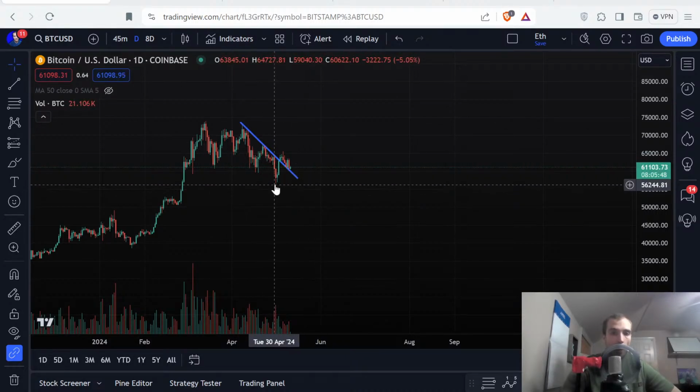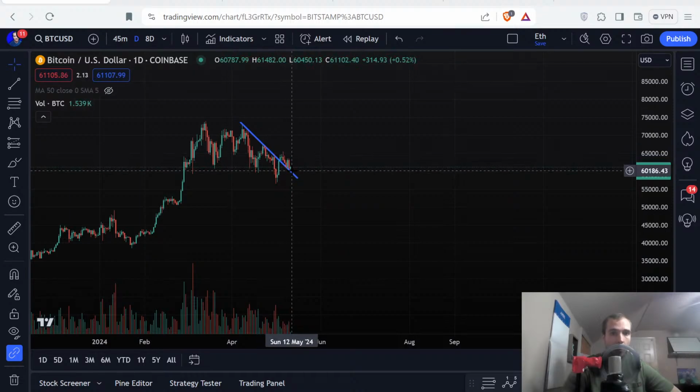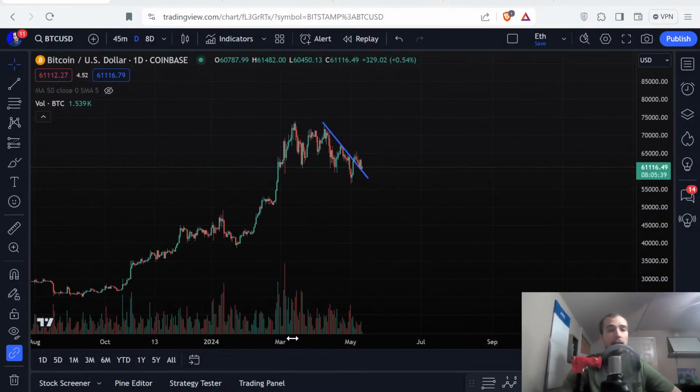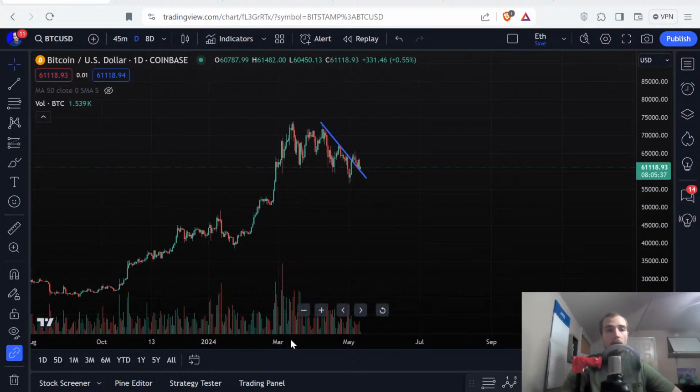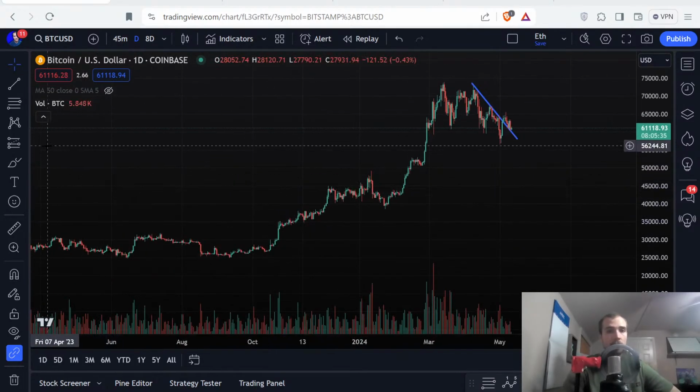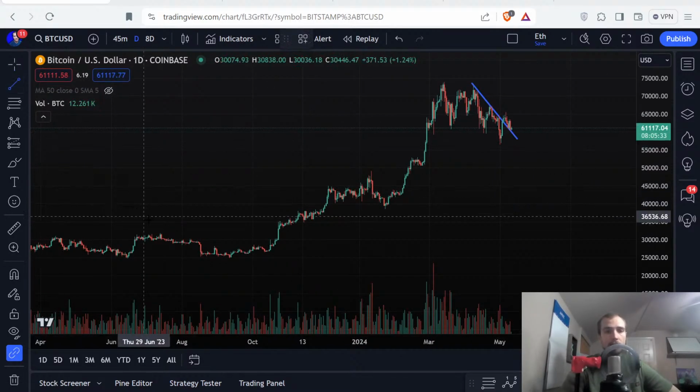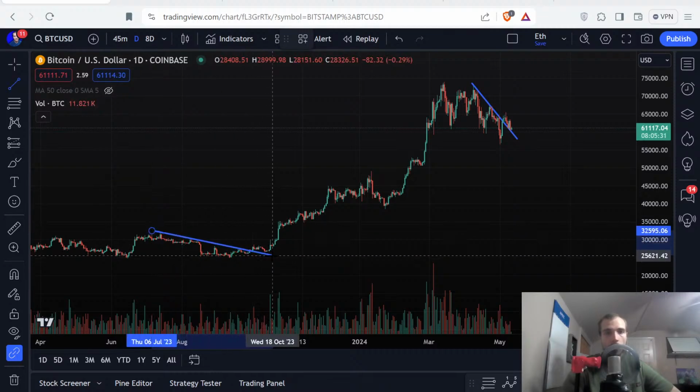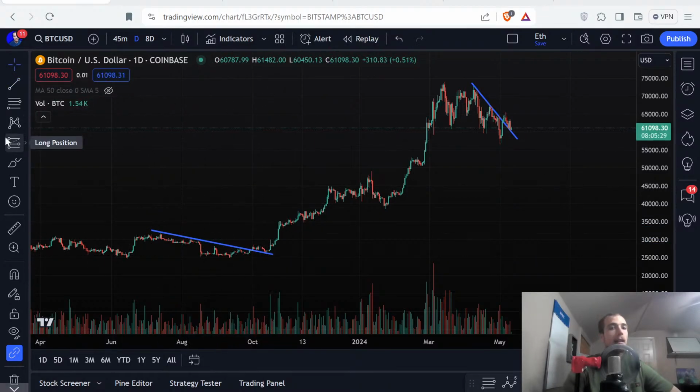Now we broke up above that downward trending resistance line and we came back down and tested it as support, which by the way is a super common thing to have happen. I mean, there's so many examples of this historically in almost every single market you'll ever find.